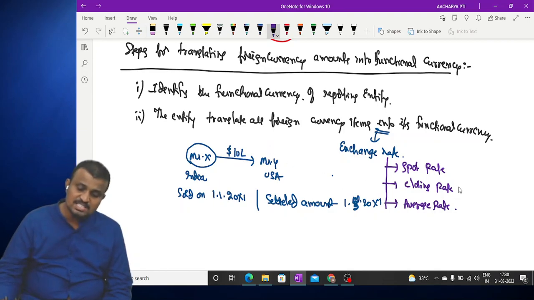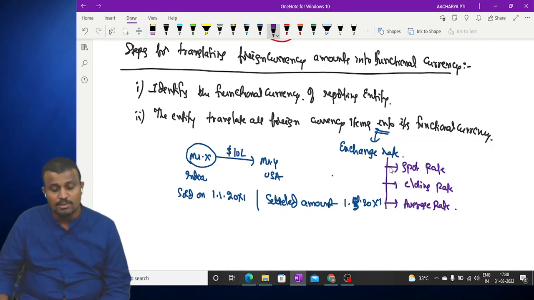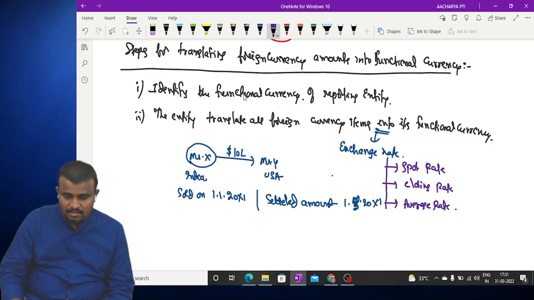In some cases we consider the spot rate, in some cases the closing rate, and in some cases the average rate. So which rate is used while translating the foreign currency into the functional currency? That is the important thing.